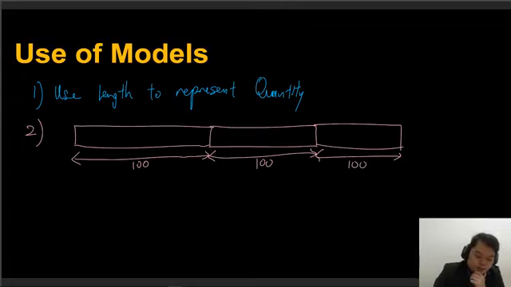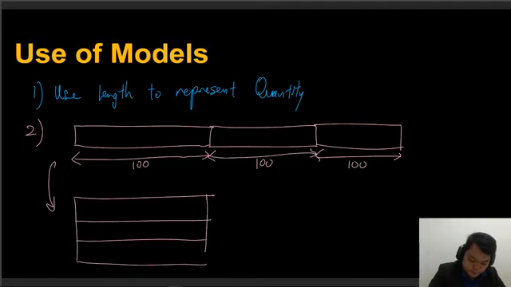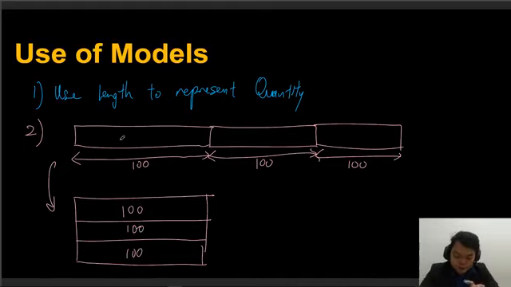Would it be right to say that I can arrange them like this? Each of them would have a length of 100, but now instead of putting them all out in a straight line, I stack them up like this instead. Would it be right to say this?